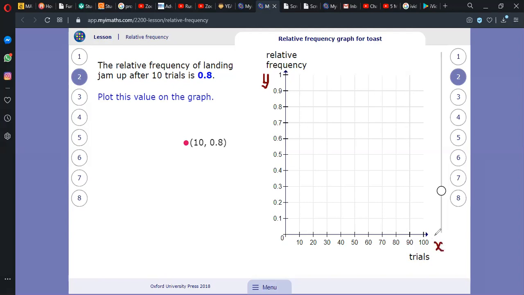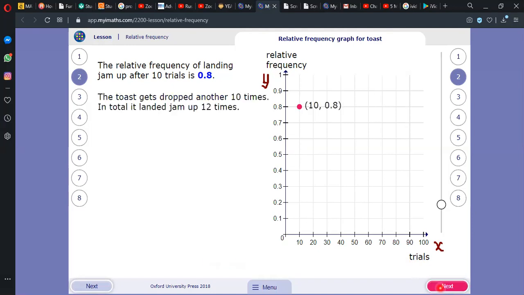So values of X horizontally, values of Y vertically. If you apply that knowledge, it means we expect 10 on the x-axis and then 0.8 on the y-axis. So when we trace that, we just drag the point. 10 coinciding with 0.8 is right here. So that is where our point is.